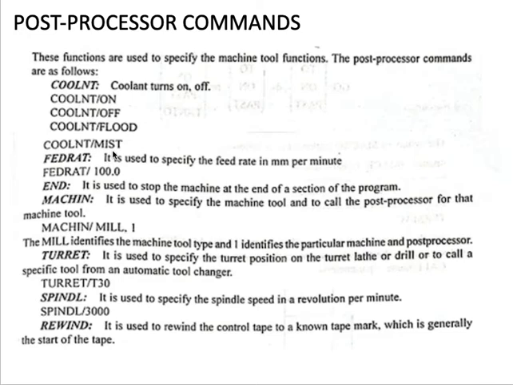Like that we can command. FEDRAT, it is used to specify the feed rate per minute, that is FEDRAT/100.0, you can say. And END is used to stop the machine at the end of the section of the program.